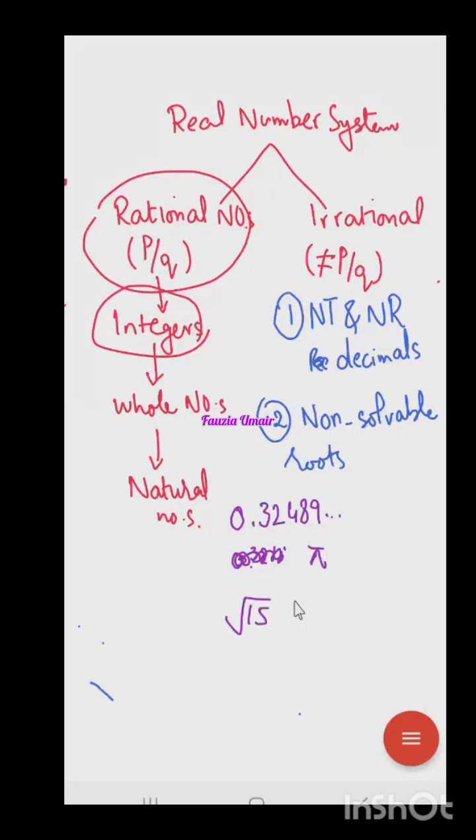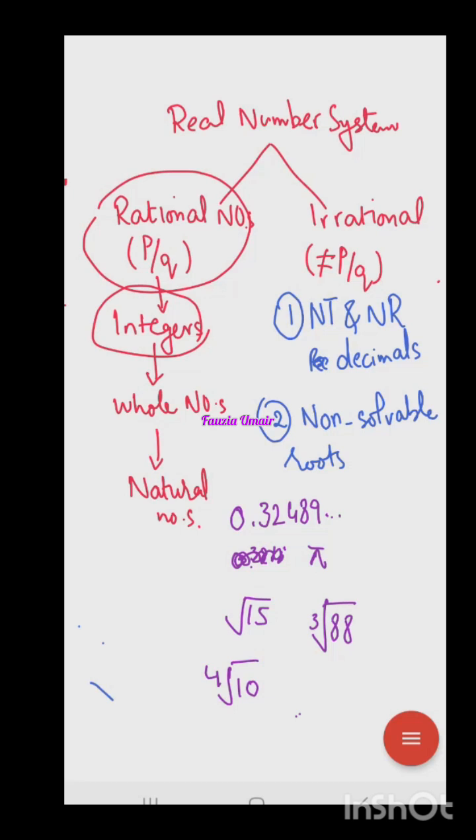Ji Hashim. Cube root of 88. Cube root of 88, non-solvable root. Zoya, ji bete. Fourth root of 10. Fourth root of 10, another example of non-solvable root. Excellent.